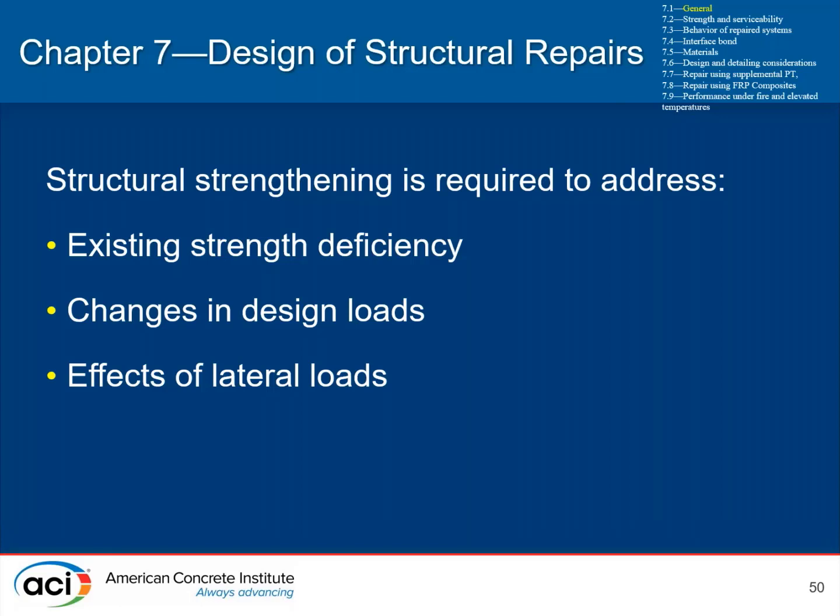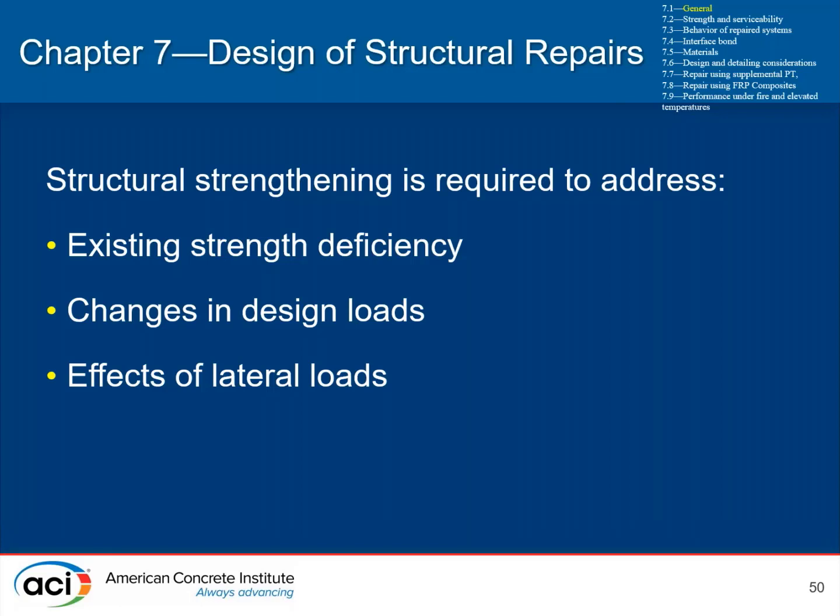Existing strength deficiencies can also be a result of deterioration mechanisms. We'll talk a little bit about reinforcing steel corrosion in the coming slides, and I'll touch a little bit on some of the challenges that can occur with respect to that.